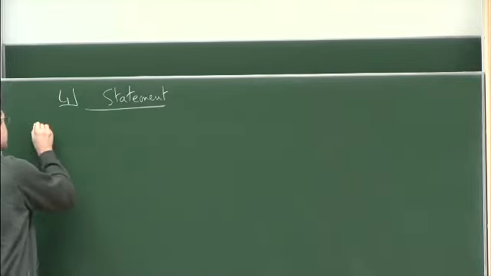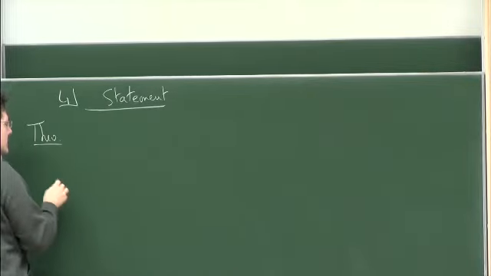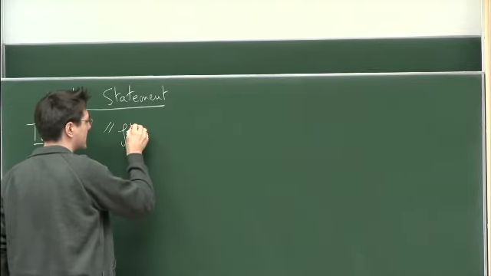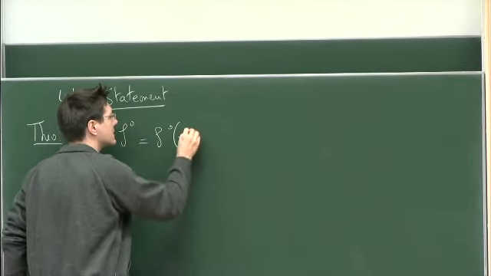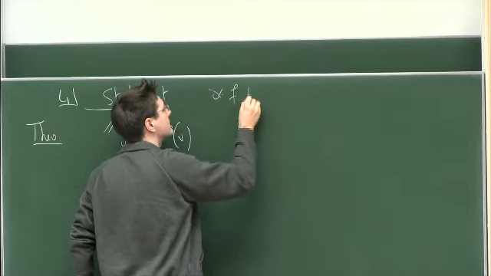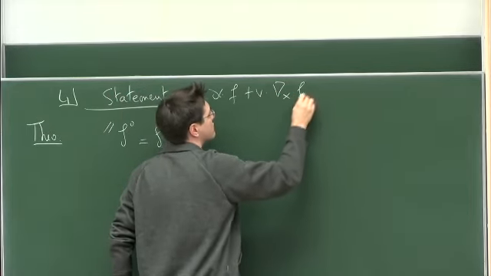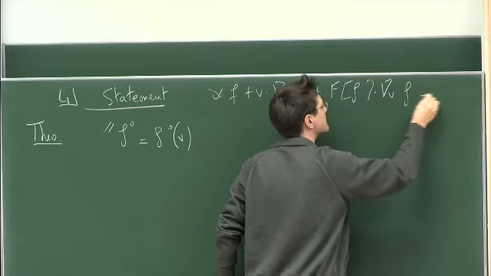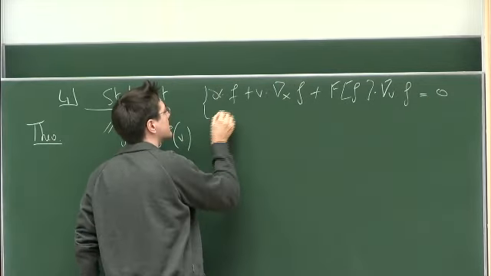So recall that, remember that the short, let's say, the understandable statement is the following. You consider the Vlasov-Poisson equation in a torus.